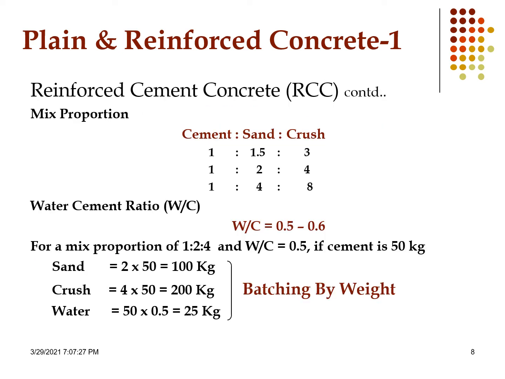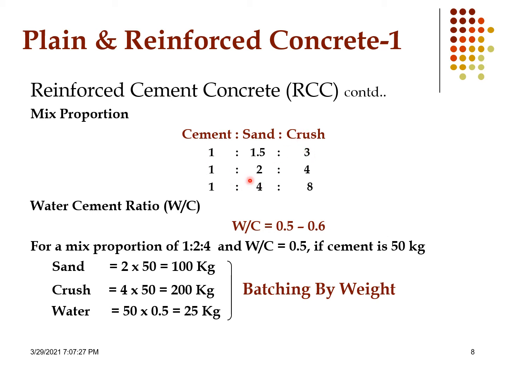Mix proportion. Normally we write the mix proportion as 1:1.5:3. The first one is the cement ratio, 1.5 represents the sand, and the 3 represents the crush.